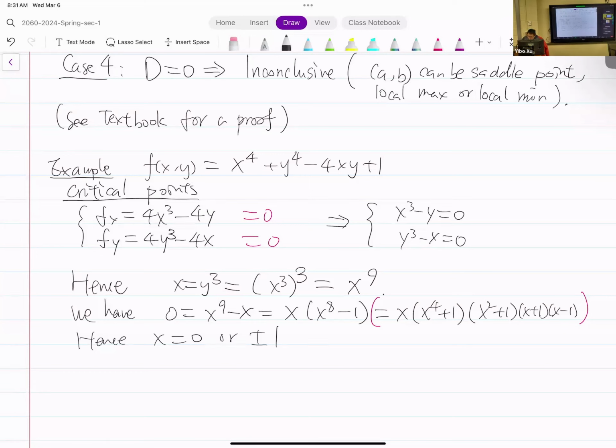Oh, that's the rule of substitution. Let me see. This is equation 1, this is equation 2. Let me label that in red. In the next line, I wrote x equals y cubed, right? That's actually equation 2. And now we utilize equation 1. Equation 1 is saying y must be x cubed. So we want to put this into equation 2 so that y is eliminated or substituted.